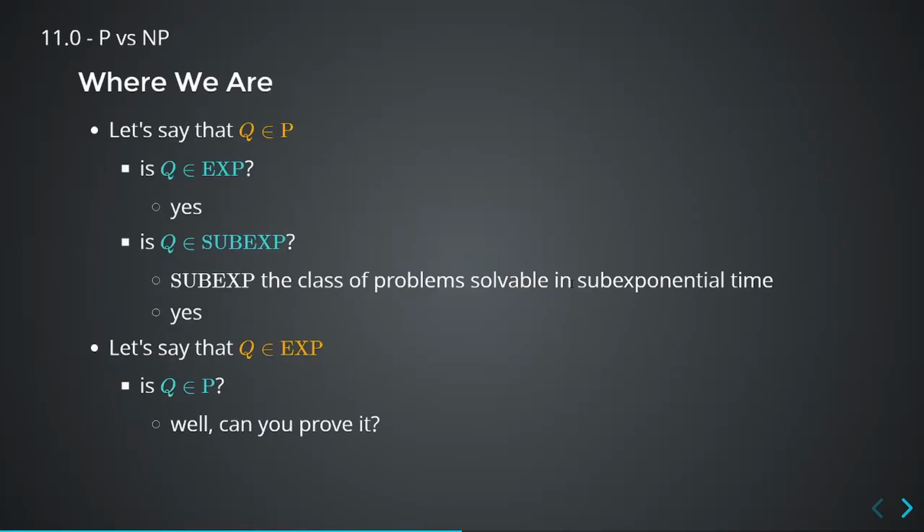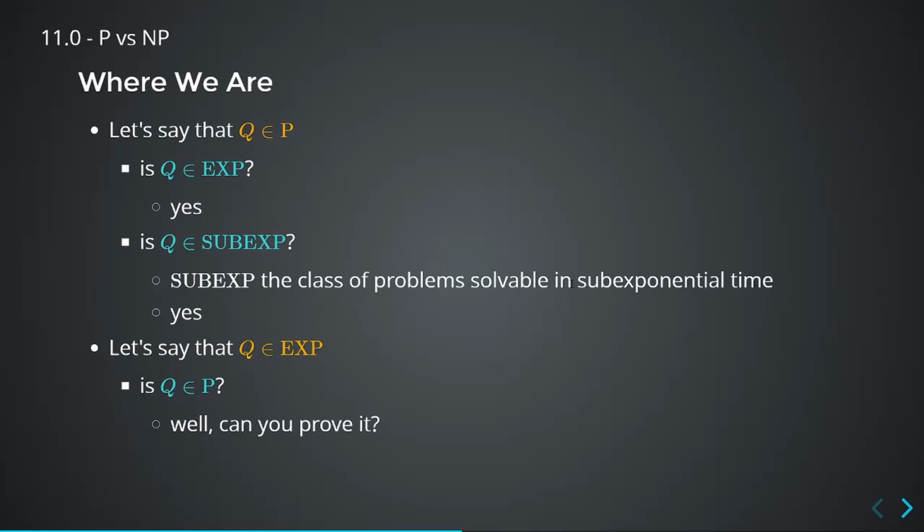But let's test your understanding. Suppose that Q is in P. Is Q also in EXP? Well, the answer should be yes, right? If you can solve a problem in polynomial time, then you can also solve it in exponential time. So P is a subset of EXP. So yeah, if Q is in P, Q is in EXP.